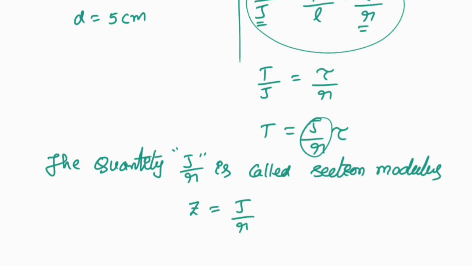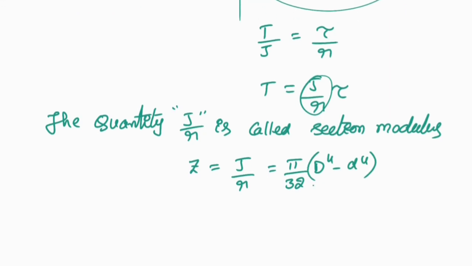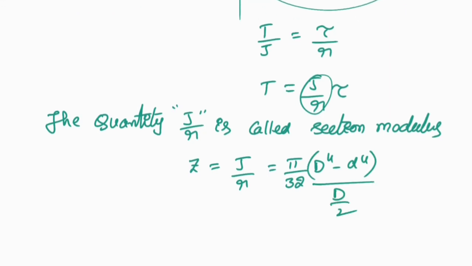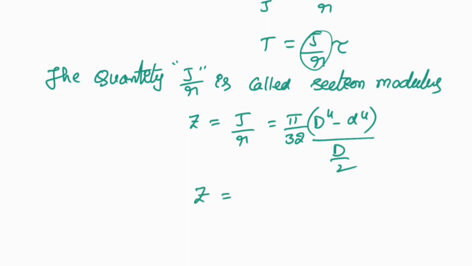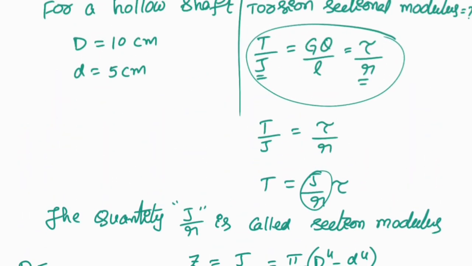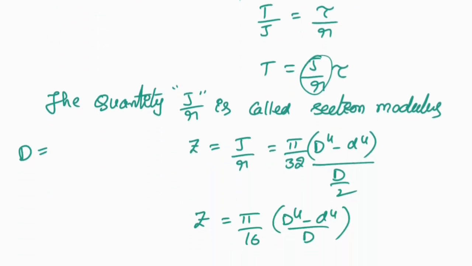J by R. But J equal to what? Pi by 32 into capital D power 4 minus small d power 4 for a hollow shaft. R equal to D by 2. So the torsion section modulus equal to pi by 16 into capital D power 4 minus small d power 4 by capital D. The outer diameter is 10 centimeters, inner diameter 5 centimeters.